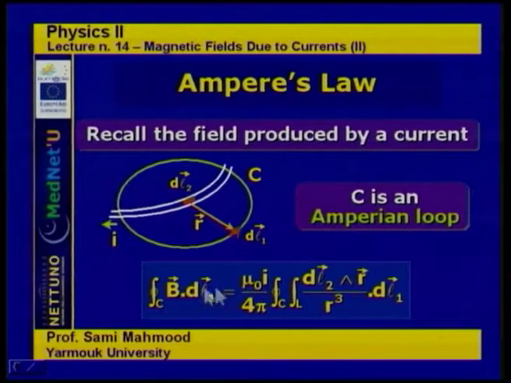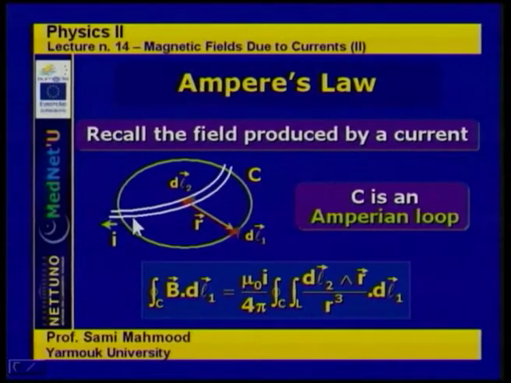We just substitute for B, because we can calculate it by using the Biot-Savart law. So this is equal to mu naught I over 4 pi times the integral over L.